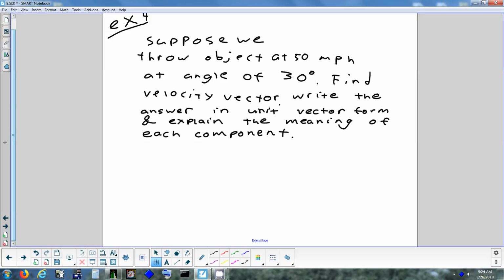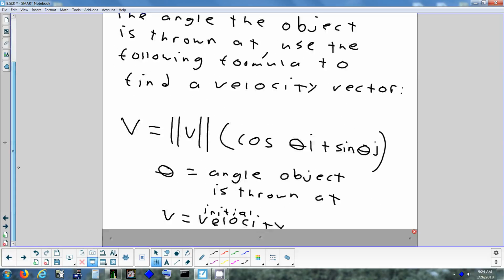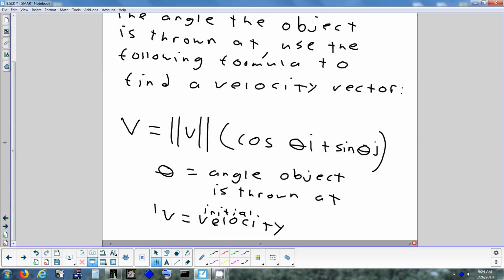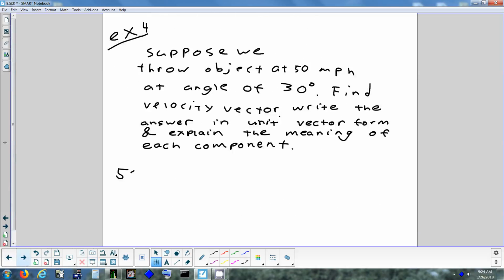Yeah, so the magnitude is the initial velocity. So I really should have bars around that. So the magnitude is the initial velocity. So 50 miles an hour times cosine of my angle i plus sine of my angle j. Shauna, what's the angle I'm throwing this object at? 30 degrees. So cosine of my angle, put your unit vector for i, plus sine 30, unit vector for j.